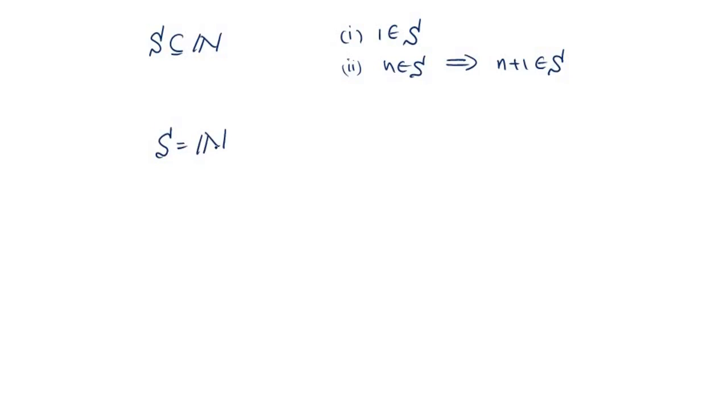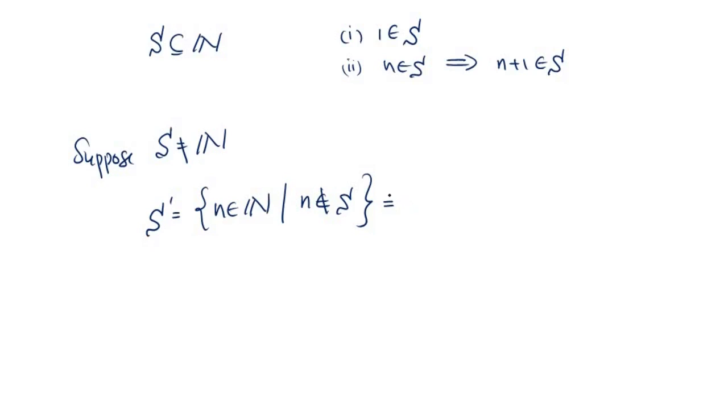Now let us recall what we have proved. We started with a subset of natural numbers S, satisfying the conditions 1 belongs to S, and if n belongs to S, then n plus 1 belongs to S. And we wanted to prove that S is equal to N. To prove this, we assumed that S is not equal to N and considered all the natural numbers that do not belong to S. If S is not equal to N, this is going to be a non-empty set, and it is a subset of natural numbers.